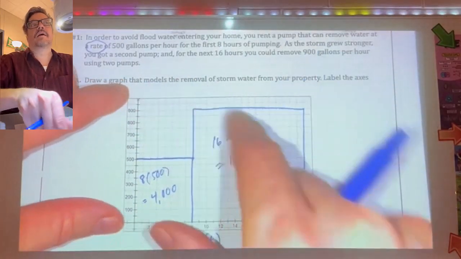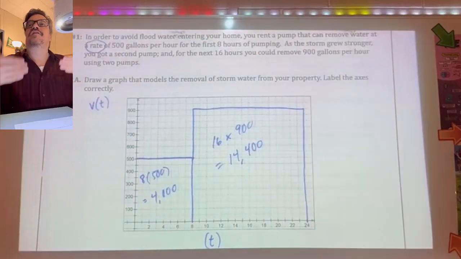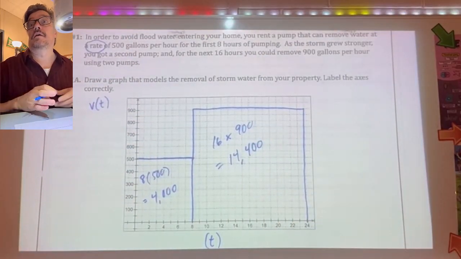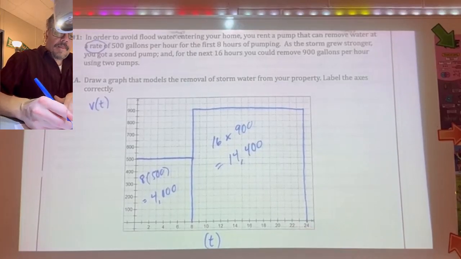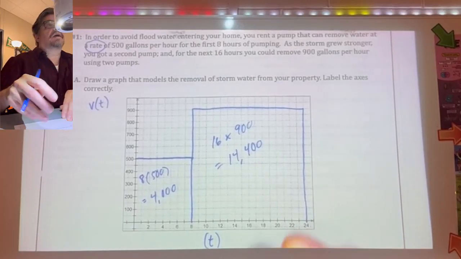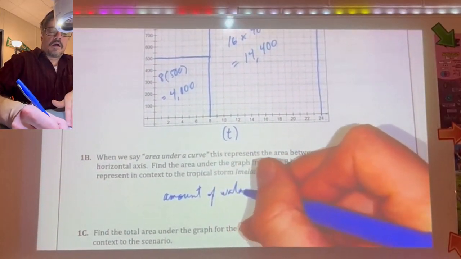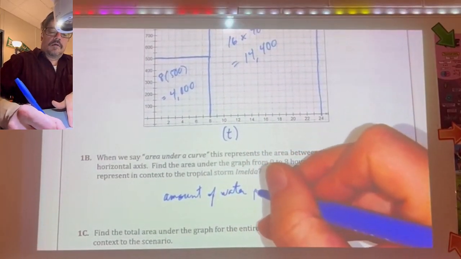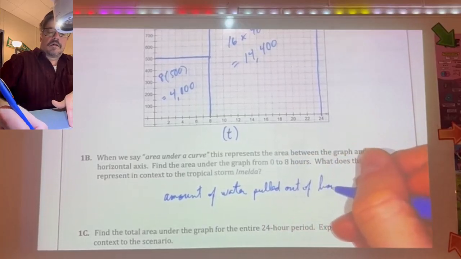We needed a rate. We had the time. When we calculated the area, we went backwards. We found the original function's area, or the original function's value, okay? So what this represents is the amount of water pulled out of the house, okay?